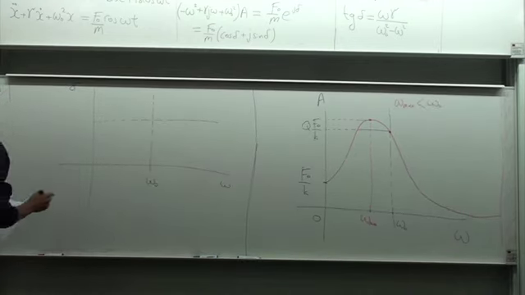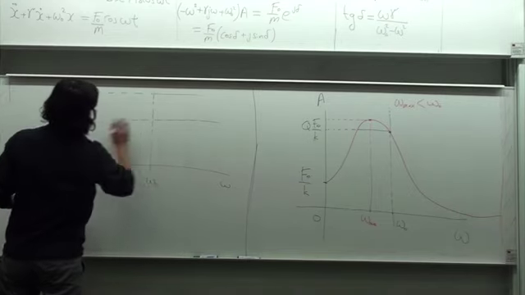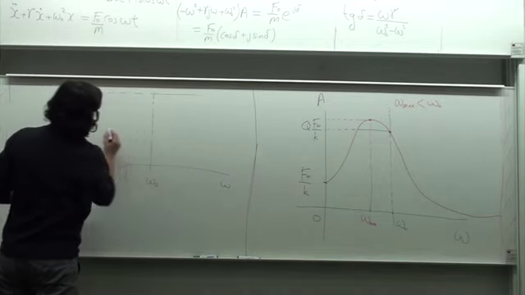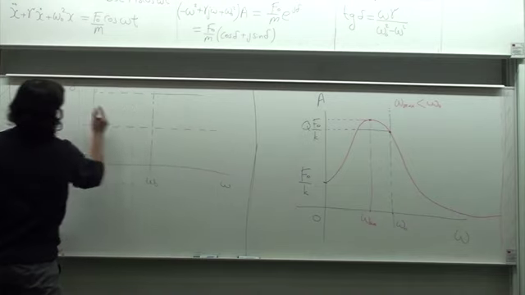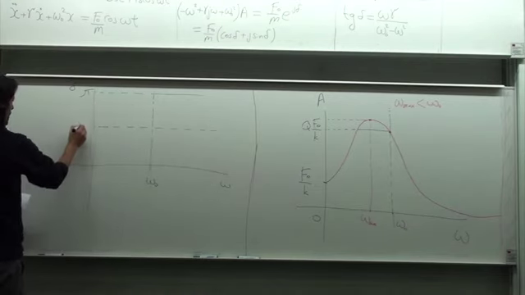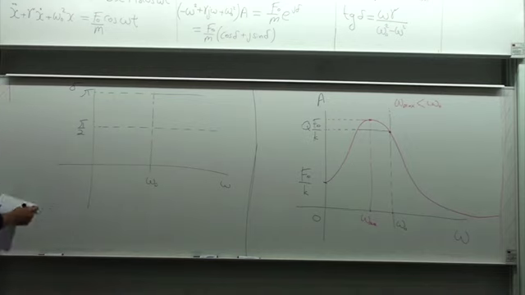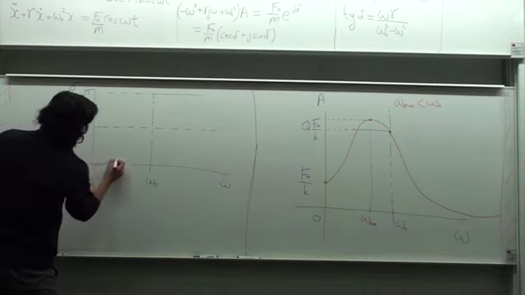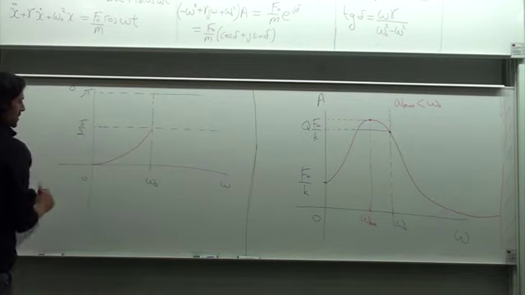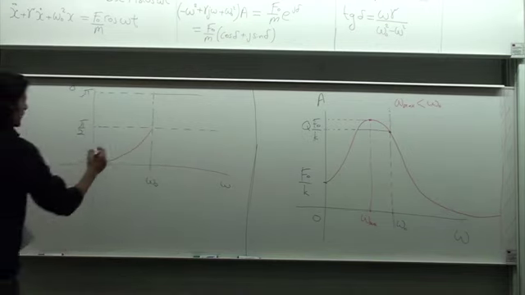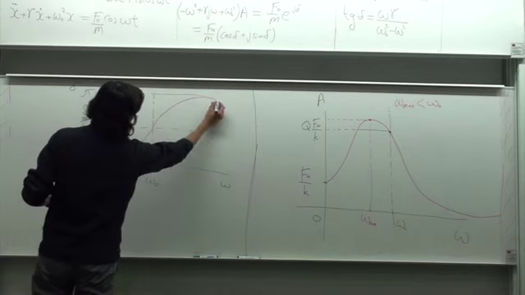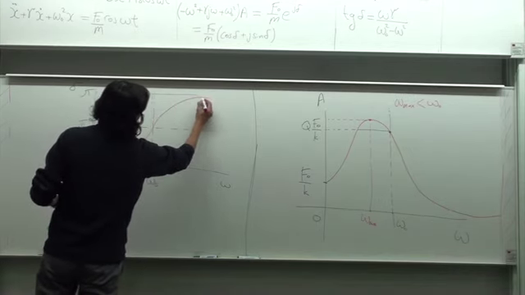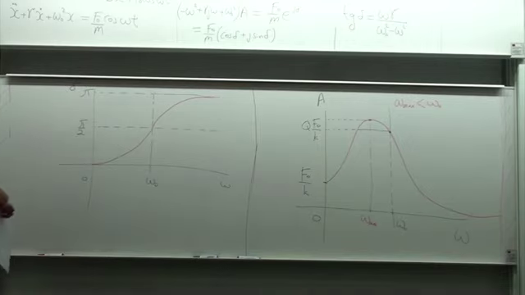Let's take this as pi, and this is pi half. When omega is close to 0, delta is 0. At this point it's pi half, and when omega tends to infinity, delta tends to pi.